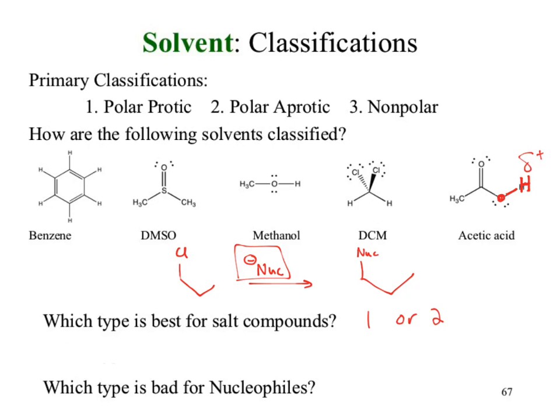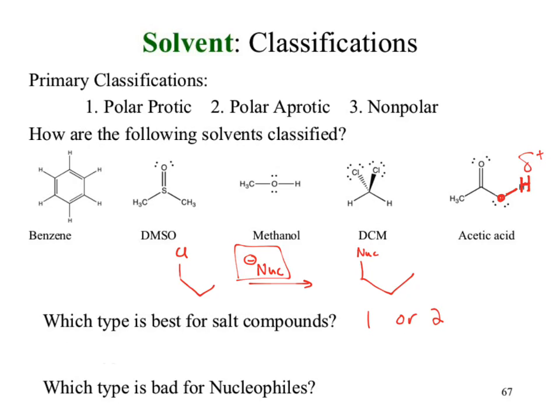An electron source. What happens if we use a protic solvent? It stabilizes the nucleophile, and the nucleophile becomes weak. Okay? Well, if we think back to our substitution reactions, where do I care about the nucleophile? In the SN2 reaction, I need a strong nucleophile. So is a protic solvent a good choice for an SN2 mechanism? No, because it kills the nucleophile.